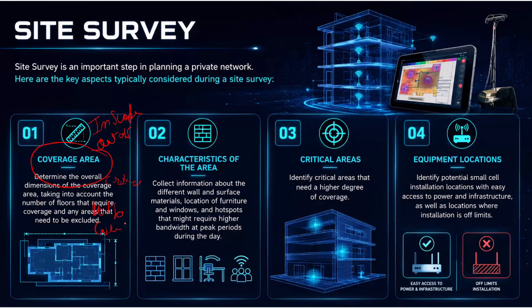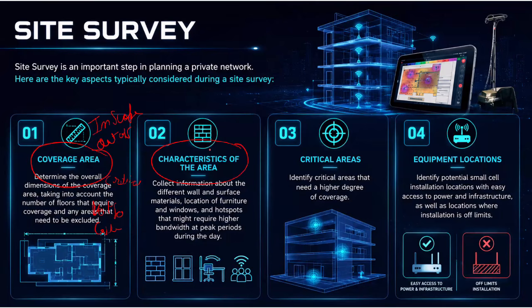The second thing we look at is the characteristics of the environment. This is extremely important from an RF perspective because different building materials affect the signal differently. We may have concrete walls, metal structures, glass, elevators, different kinds of equipment, metallic racks, and other obstacles that can impact our RF propagation.